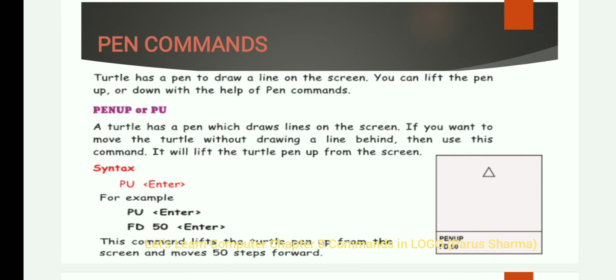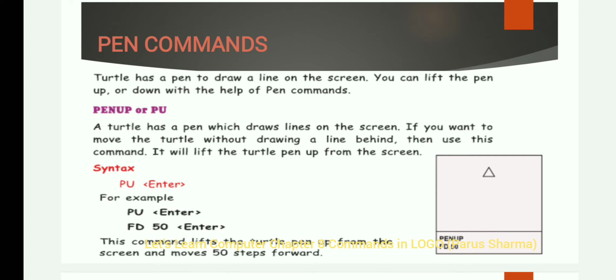Then next are pen commands. The turtle has a pen at its head position, which is used to draw the lines. When we don't want to draw any line while moving the turtle in the next direction, we use the pen up command. The pen up command, or PU command, is used to make the pen invisible.